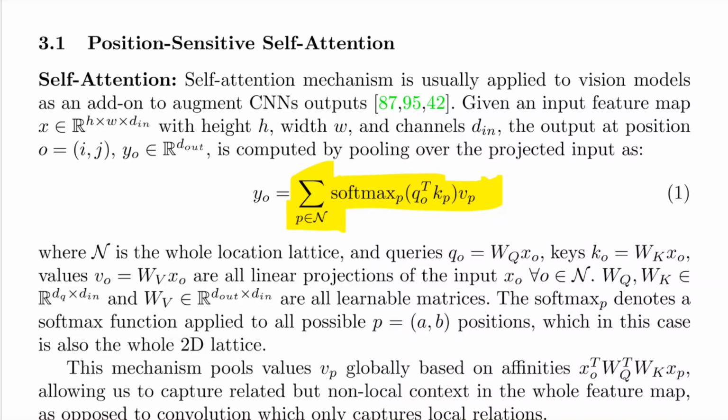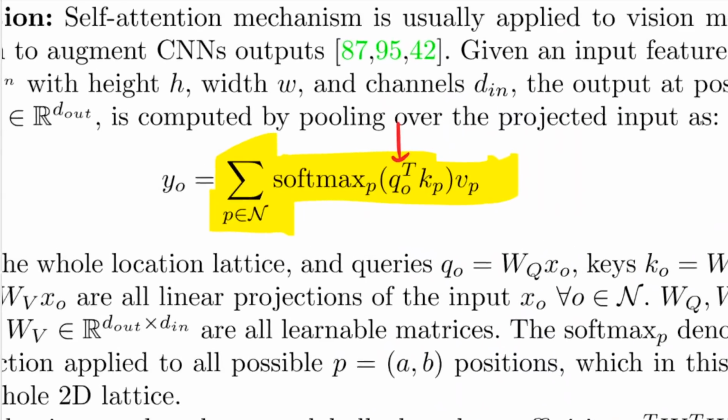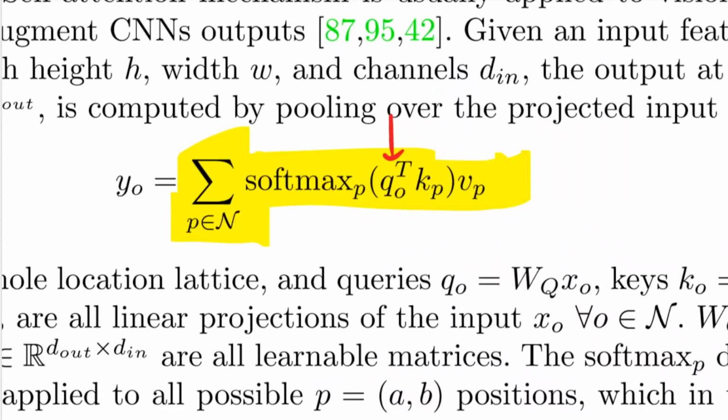So there is always a query, and these subscripts here are going to be important in this paper. The query is at a given position O, and you can see that's the O right here. I'm going to call it the output. I guess that's what they said as well.